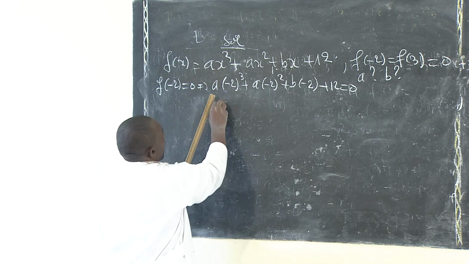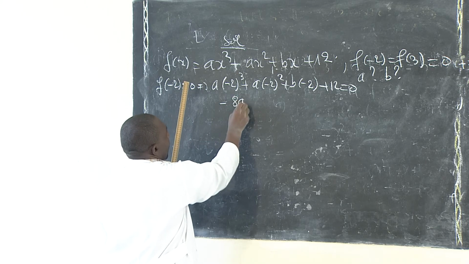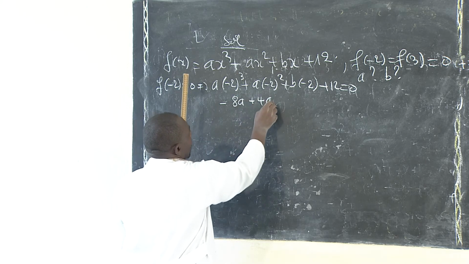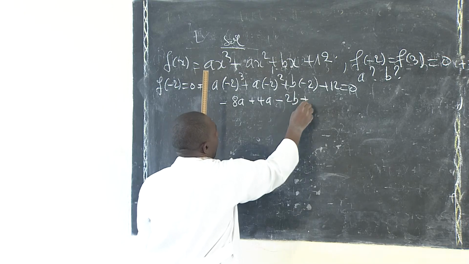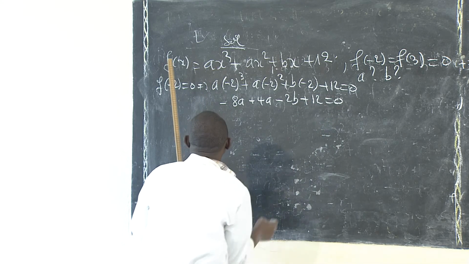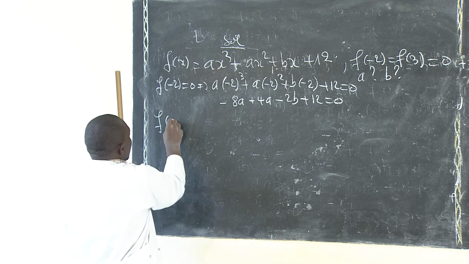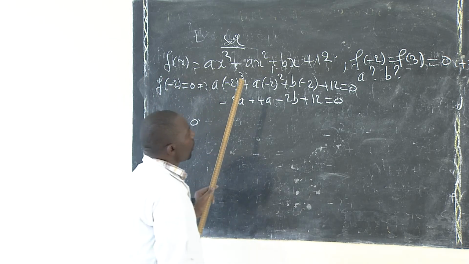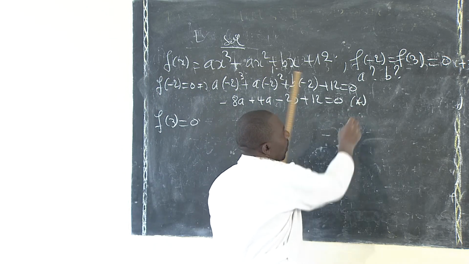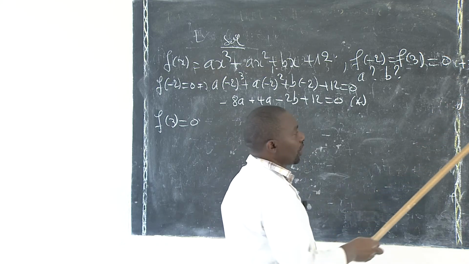This is minus 8a plus 4a minus 2b plus 12 equals 0. And f of 3 is equal to 0.